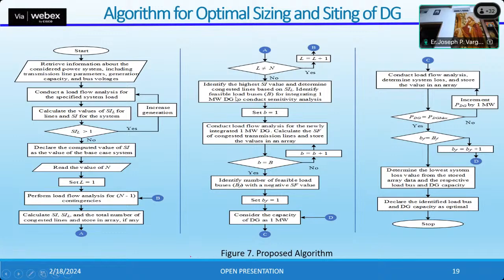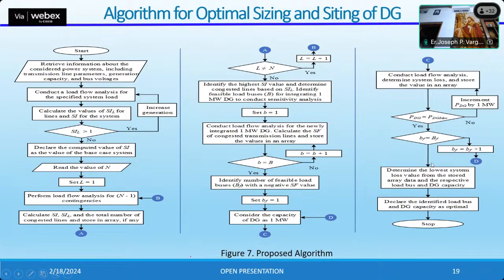Then we find the value of the sensitivity factor. We determine the sensitivity factor for all the load buses with a test DG penetration. Again, load flow analysis is conducted with DG penetrated at each load bus, and the system losses are identified.